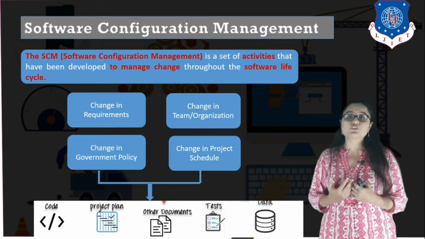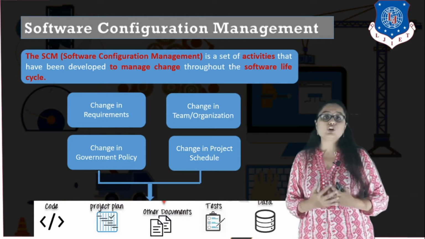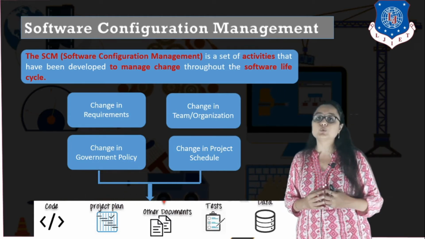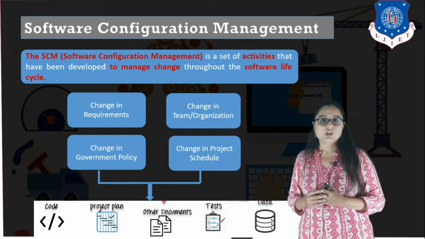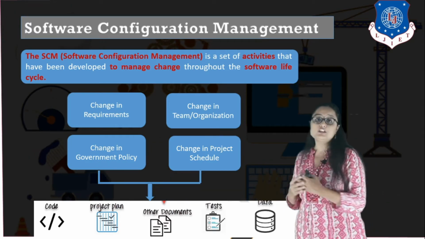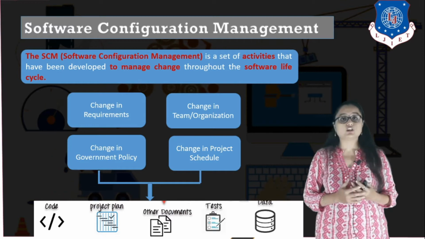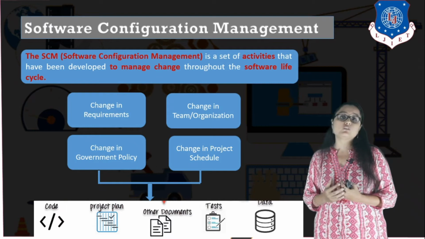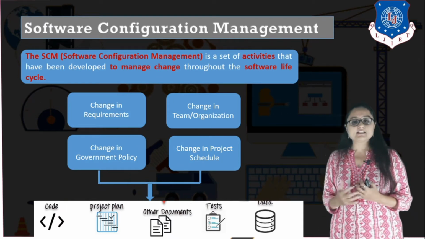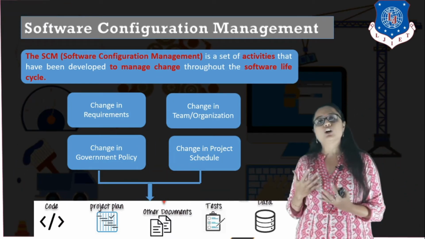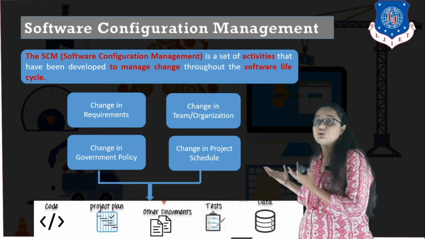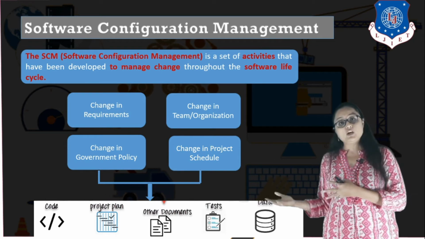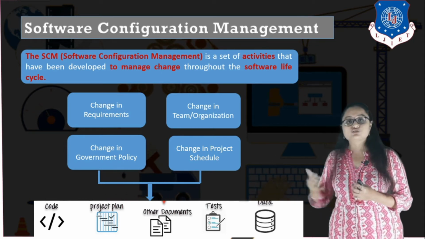Other documents, for example, if you decide not to include some of the functionalities that you were previously going to include due to the tight schedule, then the design document or the architecture that you have prepared will also be changed, right? The next is the test cases. Obviously, if your source code is changing or the documents themselves are changing, the test planning or the SQA planning that you have done is also bound to change.